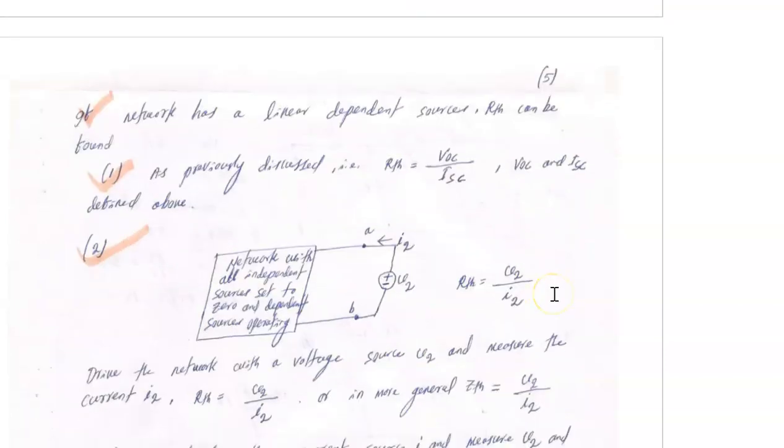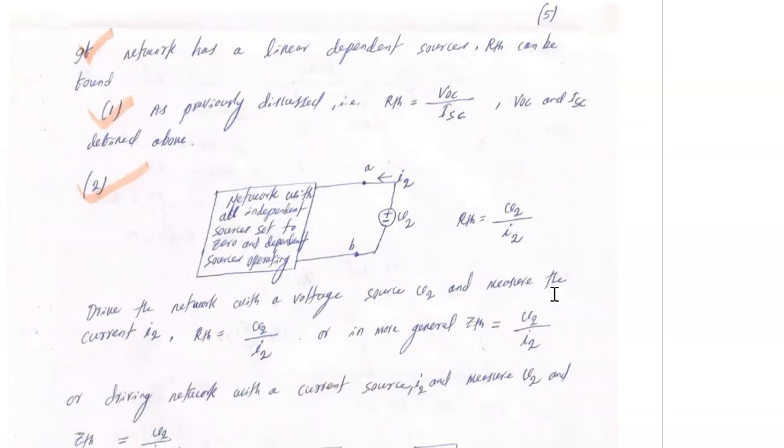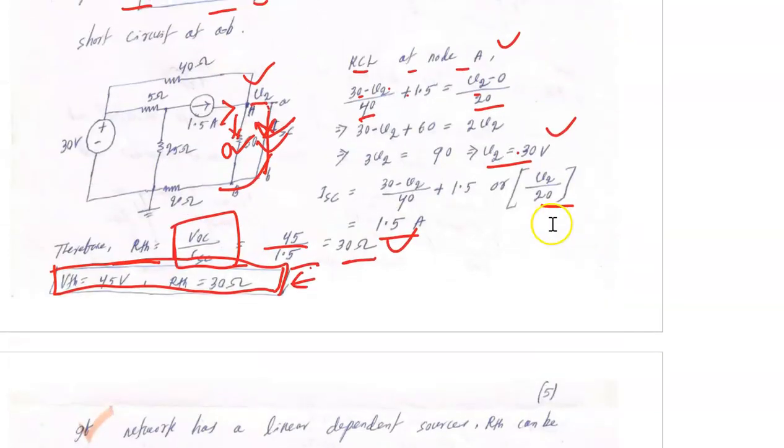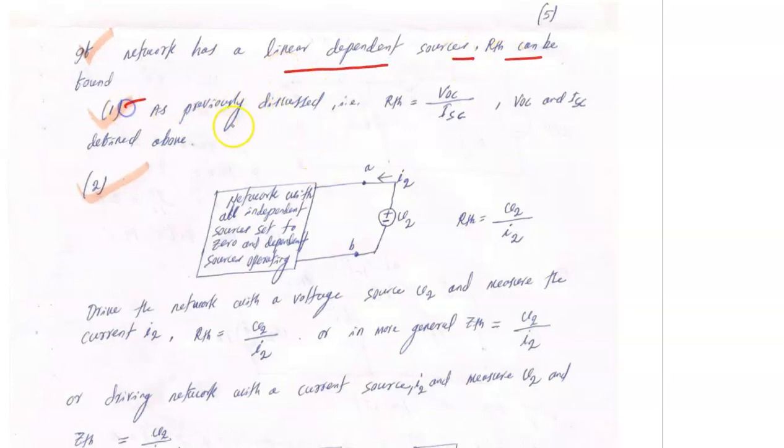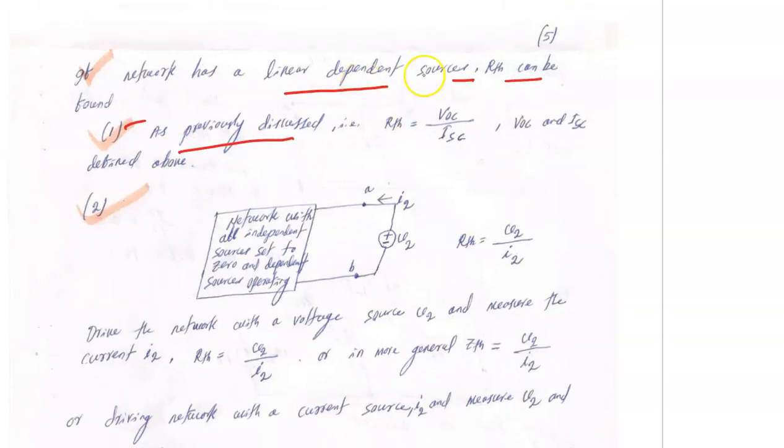Okay, now suppose you have dependent sources, what you will do? You can use this way. Also I will discuss another way. If a network has linear dependent source, RTH can be found as previously discussed, that is, RTH is equal to open circuit voltage upon short circuit current.